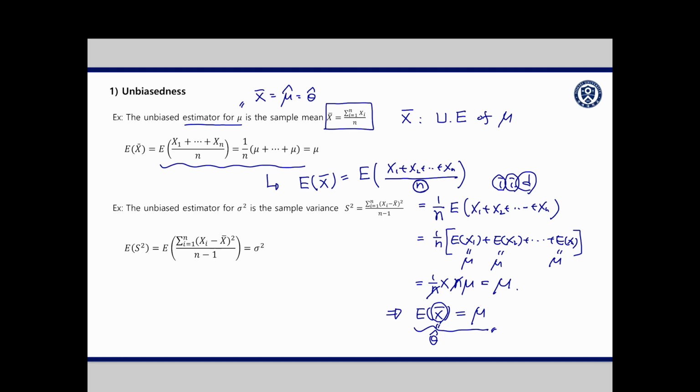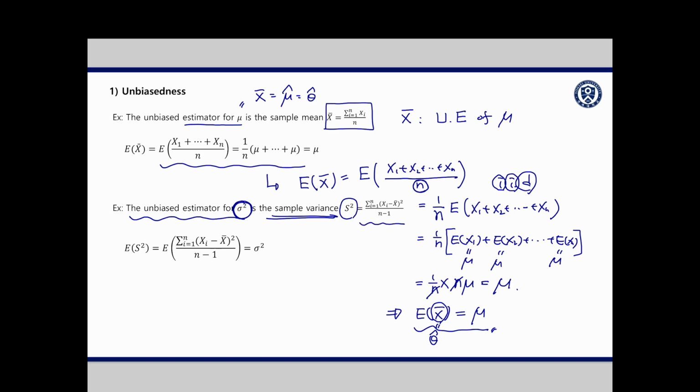And next, the unbiased estimator for sigma square, the population variance, is the sample variance, a large S square.